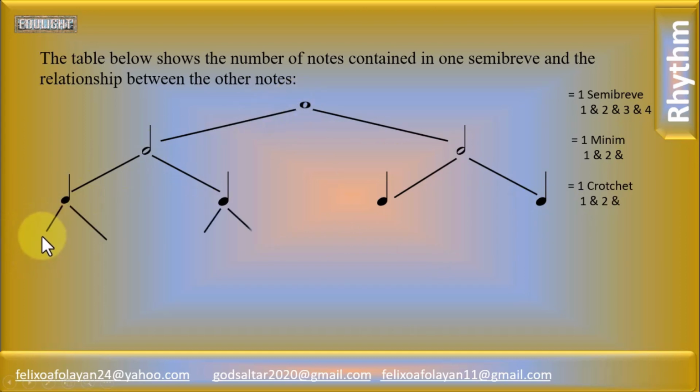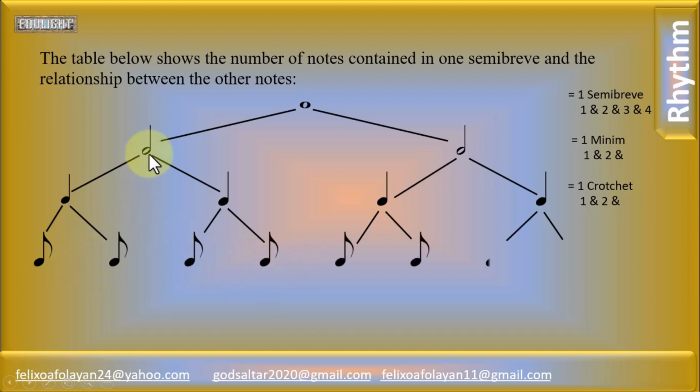Now 2 quavers make one crotchet, while 4 crotchets make one minim, while 8 minims make one quaver.